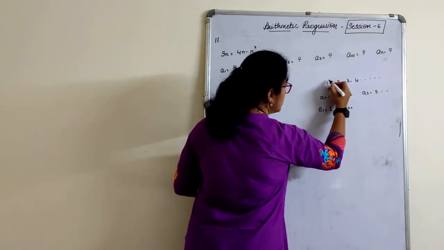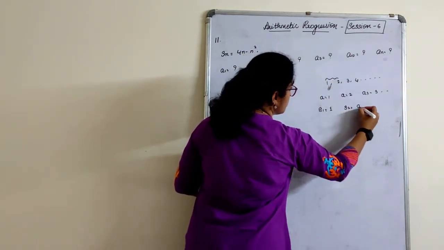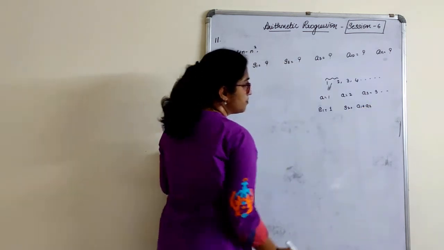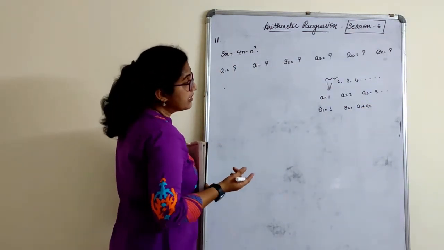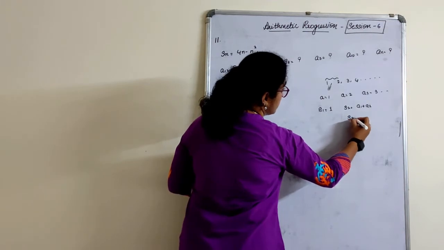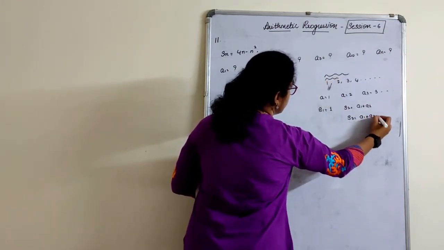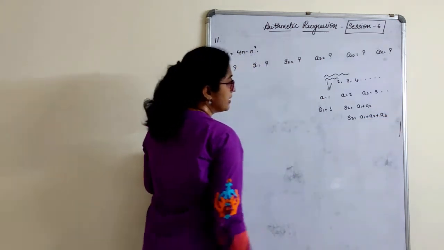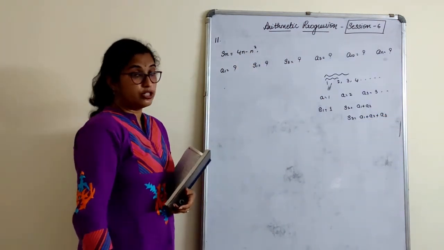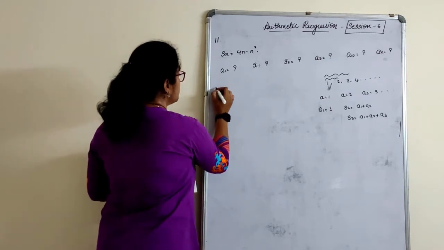Actually, it is the sum of the first two, A1 plus A2, right? S3 if I ask you, it is A1 plus A2 plus A3, right? This is how we actually find. Okay, first let's start with this.